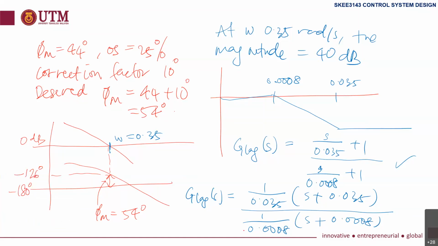We can simplify this part and it becomes 0.023.